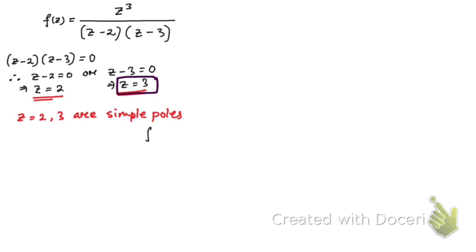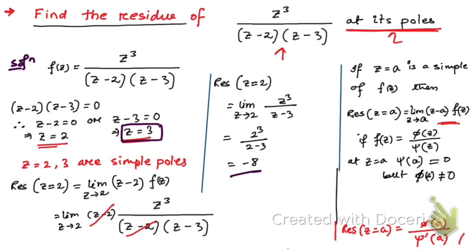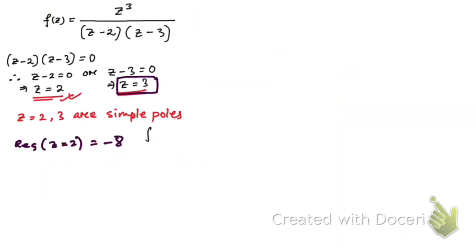So we have already got a residue at 2. We have got the residue of this function at z is equal to 2, that is equal to minus 8. We have already got it in the previous slide. Here you can see this is minus 8. So now let's find the residue at z is equal to 3.